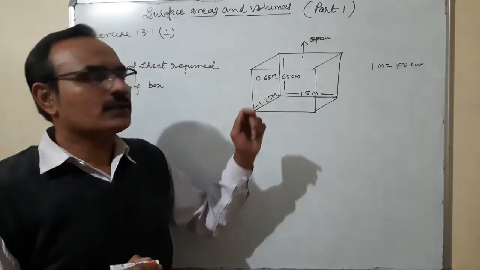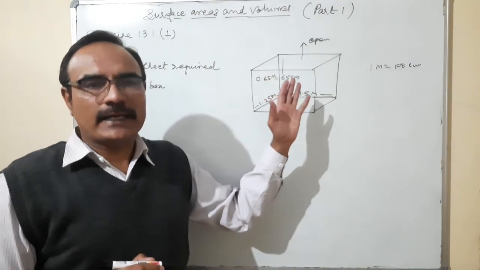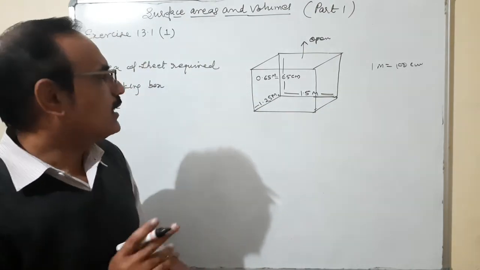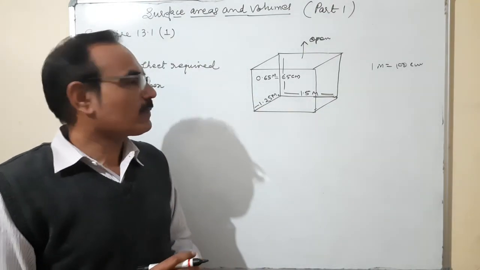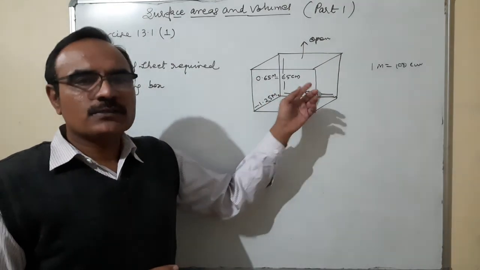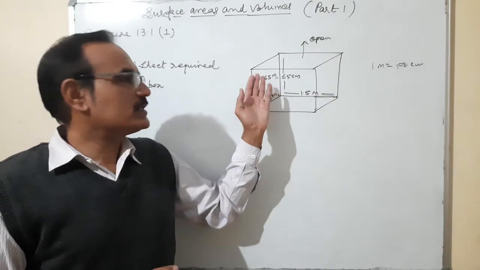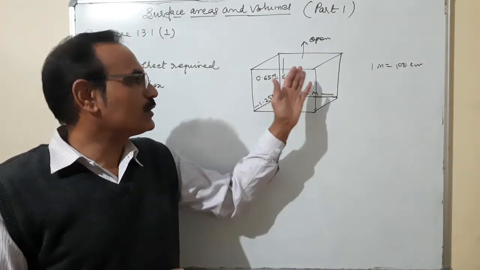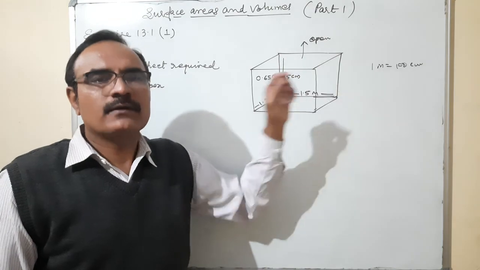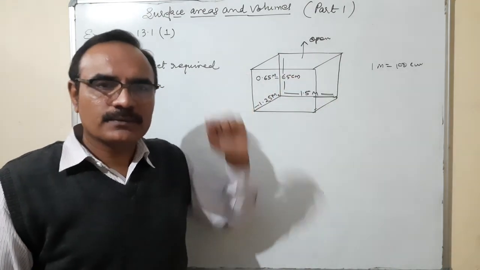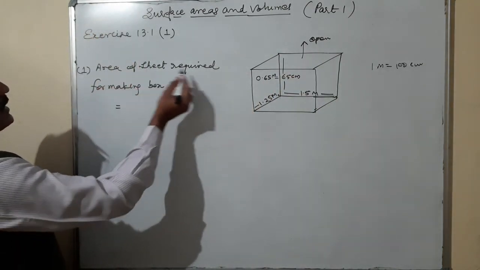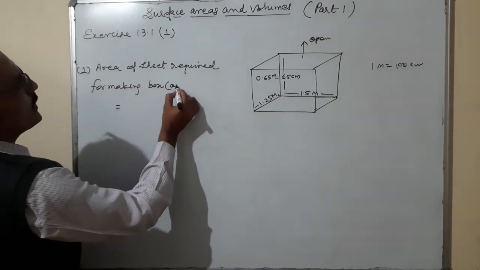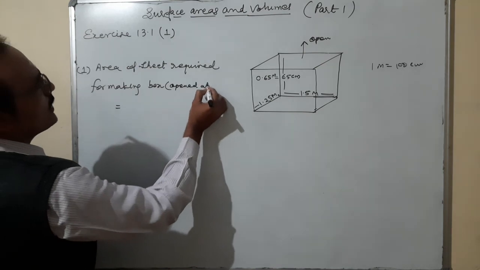If it is open at the top, what does it mean? It has only 5 rectangular shapes. So we are going to add the area of 5 rectangular shapes. Or the second way: area of 4 walls plus area of base. Or the third way: total surface area of cuboid minus area of top.